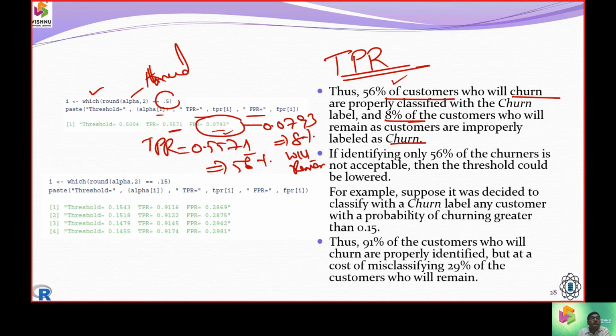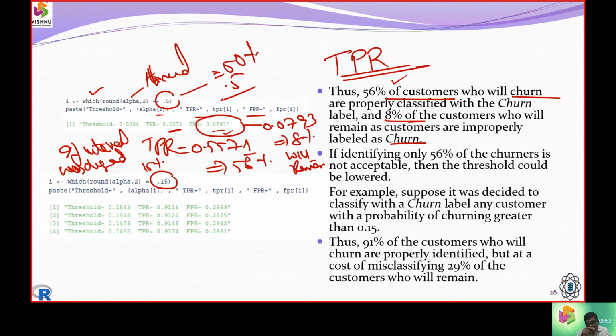So next, if I am changing it to 15%, so if the interval was changed to 15%, earlier the threshold was some 50%, that is 0.5, we are going to keep. But if we change the probability to a greater one, what is it going to show us? 91%.